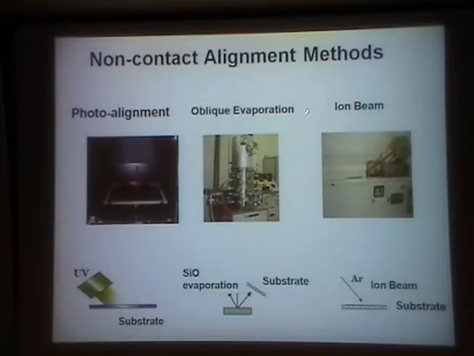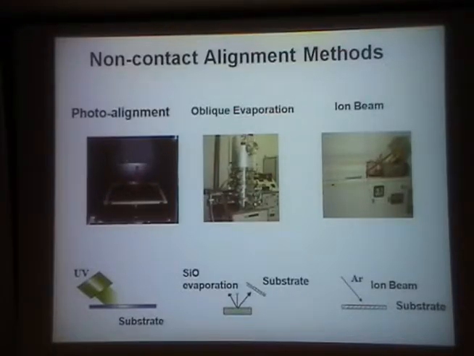An even older technique is oblique evaporation of, for example, silicon monoxide, and you can evaporate many different materials from an oblique orientation to get the alignment. And beam irradiation from an oblique angle can also generate orientational constraint.